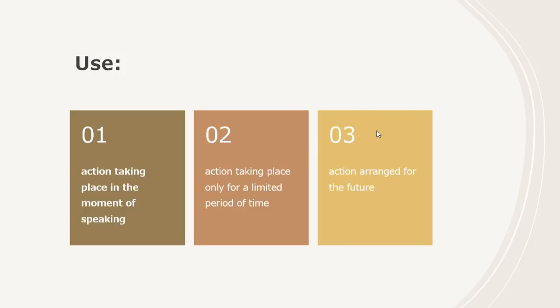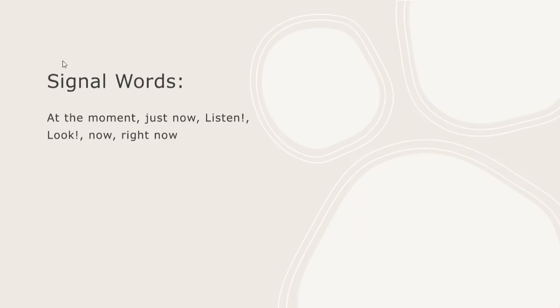It is sometimes called simple future, but in the form of present continuous. Okay? Right. Signal words like at the moment, just now, or like listen, look, now, right now. That's it.